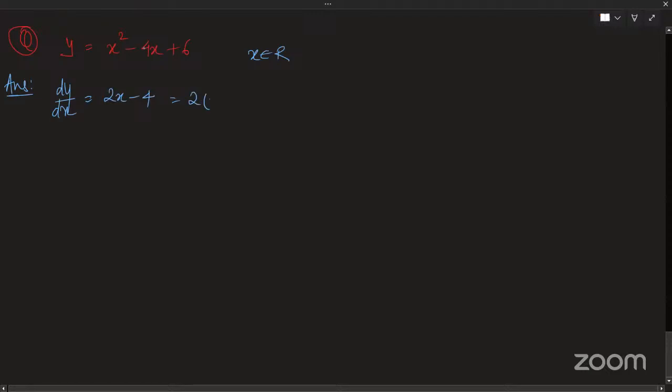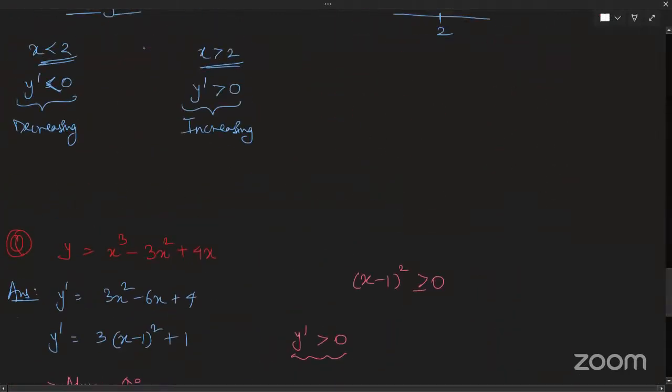So I can write it as 2 into x minus 2. So I can just directly do it without even going much into the detail. Can you tell me where it will be greater than 0 and where it will be lesser than 0? We have just done a similar question over here.